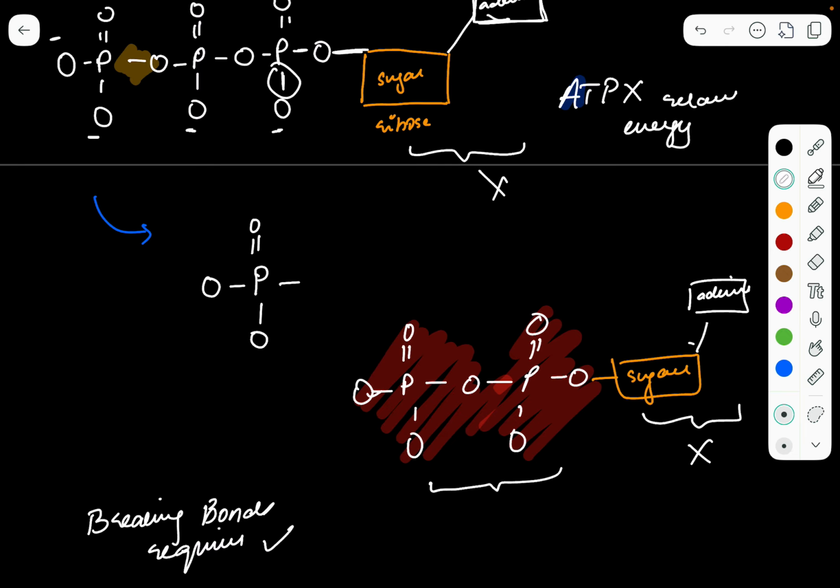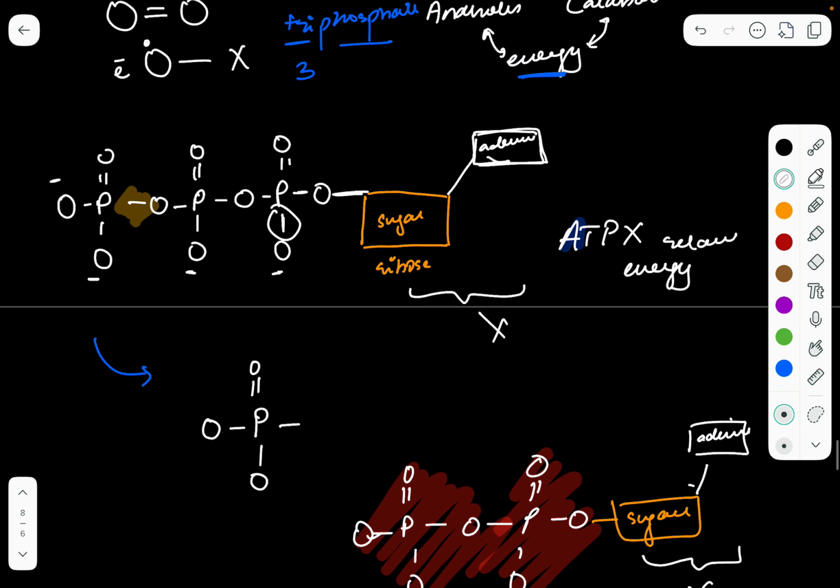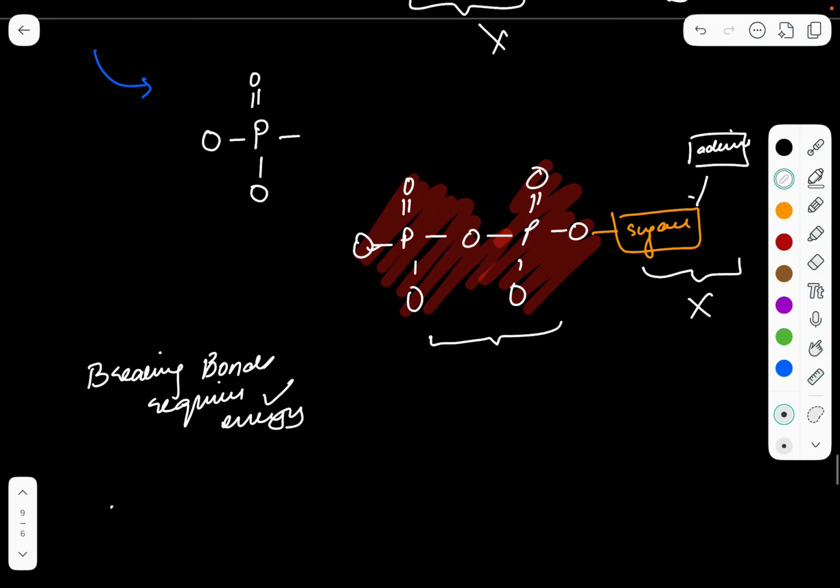And you are right. Breaking bonds does require energy. So when we were breaking this bond, we did use energy. But the net effect of breaking that bond results in releasing energy.